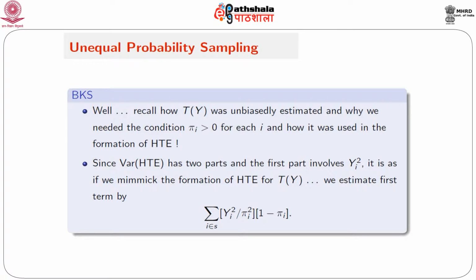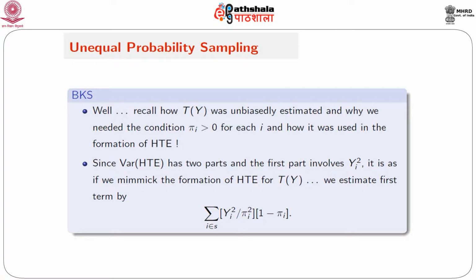You keep yi over pi i, and the other pi i in the numerator you replace by the inclusion probability definition, sum over all S containing i of Ps, and then you twisted the two and you came up with an estimator of the population total, which was summation yi over pi i for all i in the sample, and that was the Hurwitz-Thompson estimator. So you apply the same trick here.